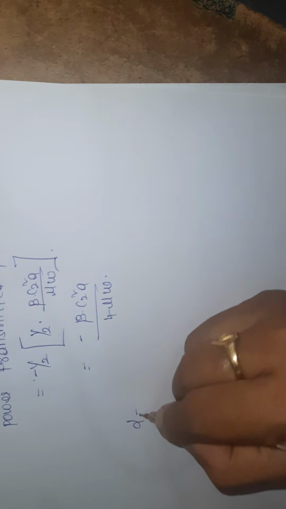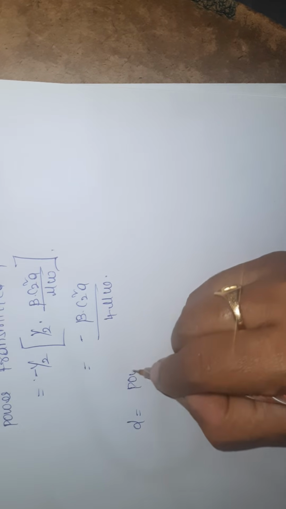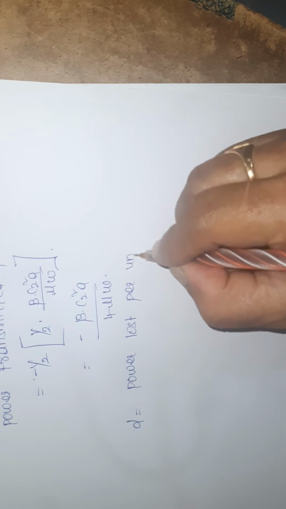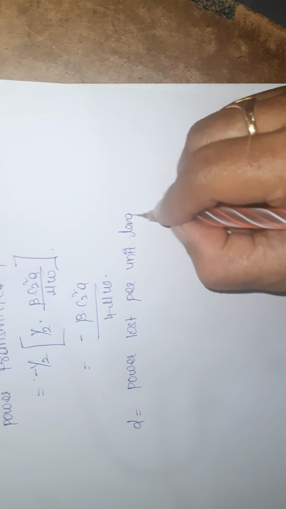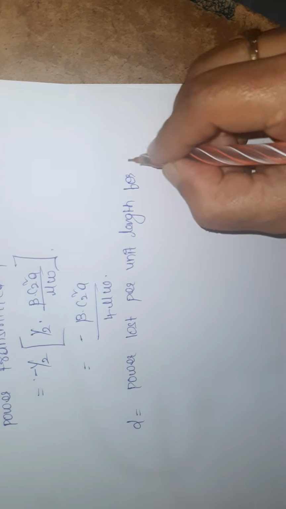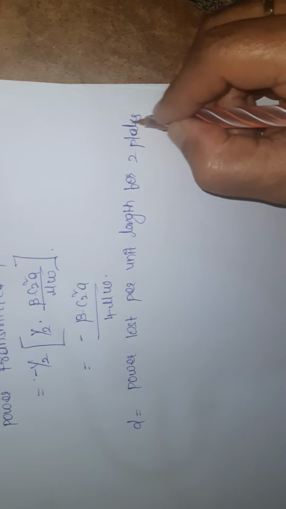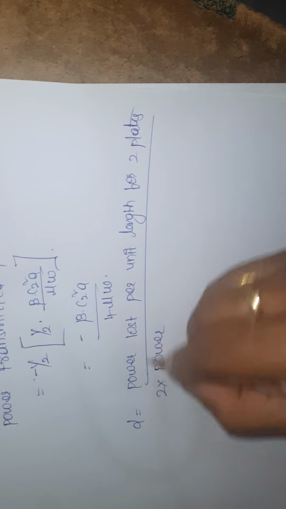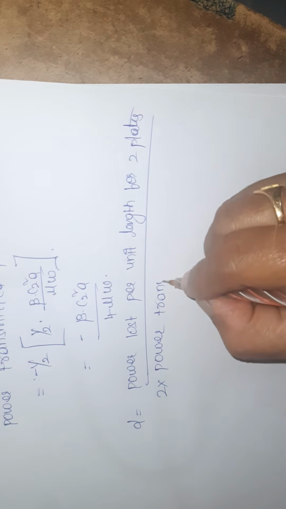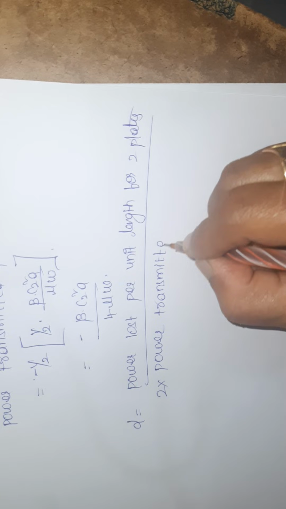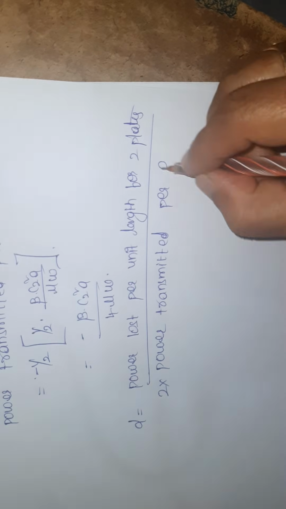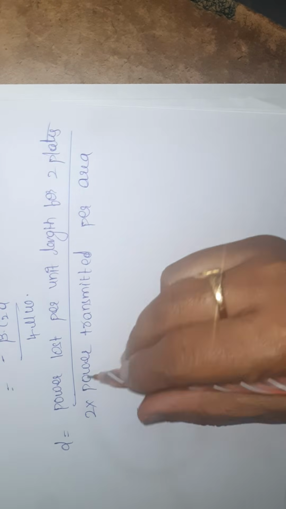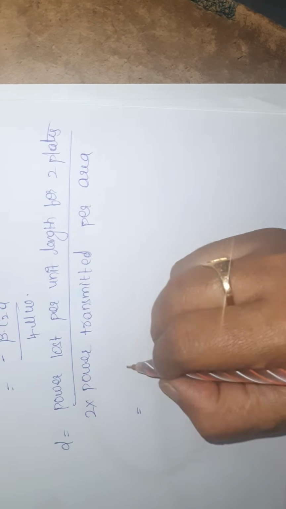Now alpha is equal to power lost per unit length for 2 plates divided by twice the power transmitted per area. So here what is the power loss per unit length for 2 plates?